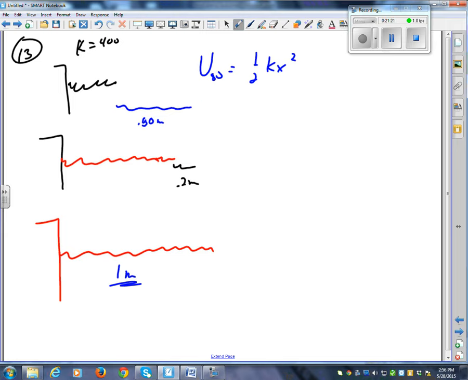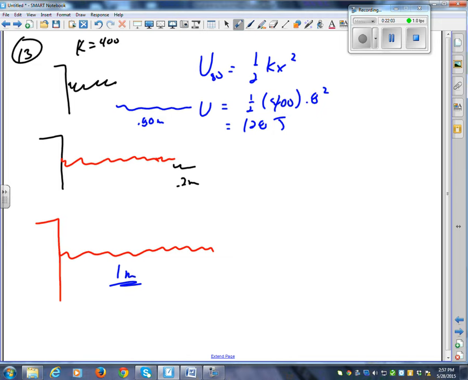So how much potential energy does it have? 1/2 times 400 times 0.8 squared, which is half of 400 is 200 times 0.8 squared, 128. I took this object, I pushed it up against the spring, it now has 128 joules of potential energy. How much work did I do, by the way, in getting it to that point? Yeah, I did 128 joules. I do 128 joules of energy, it goes into spring potential energy.